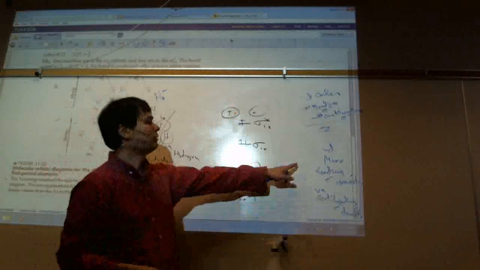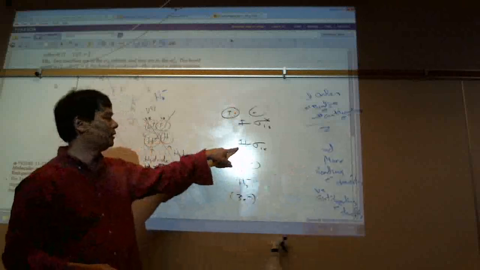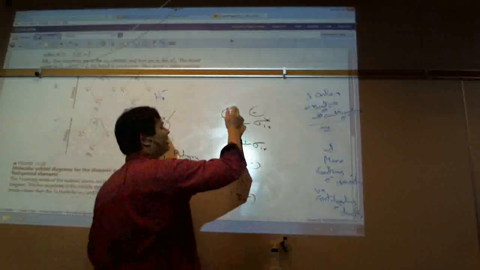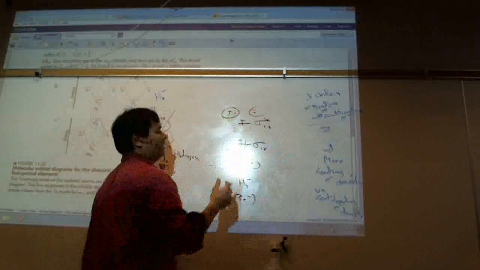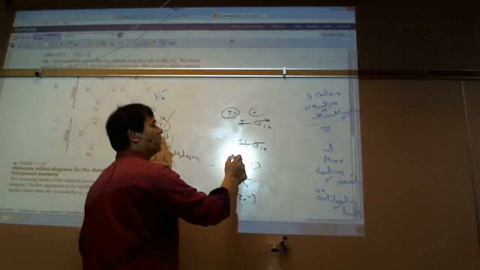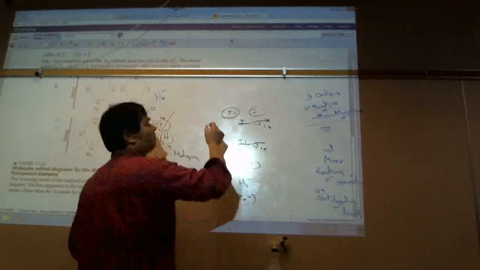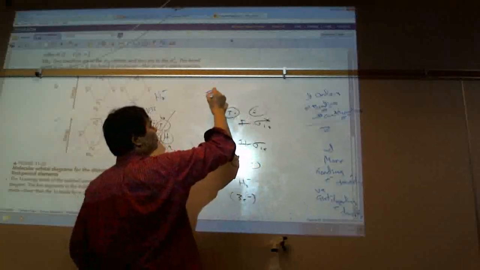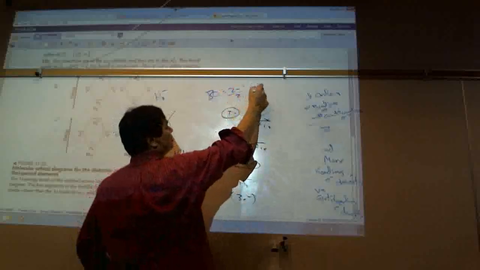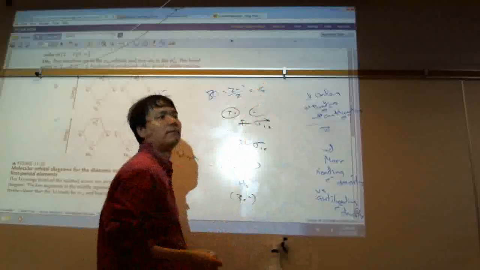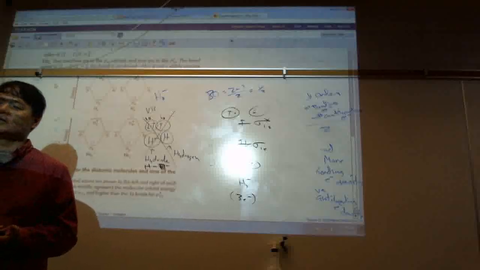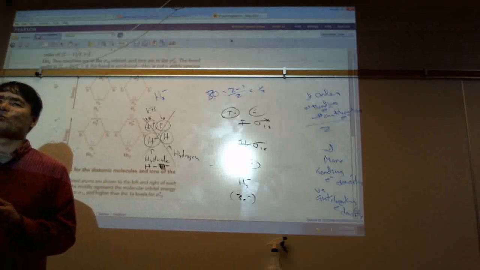But in MO theory, a bond is having more bonding electron cloud than anti-bonding electron cloud. And that's the case here. I have more bonding density than anti-bonding density. If we look at the bond order, it is 2 minus 1 divided by 2, which is 1/2. And so MO predicts that we should be able to form H2 minus, but it's going to have a weak bond.